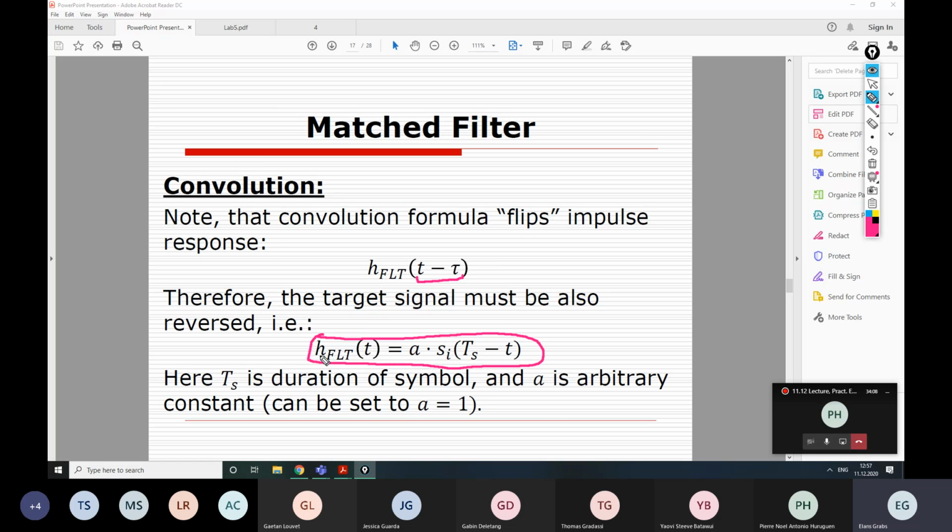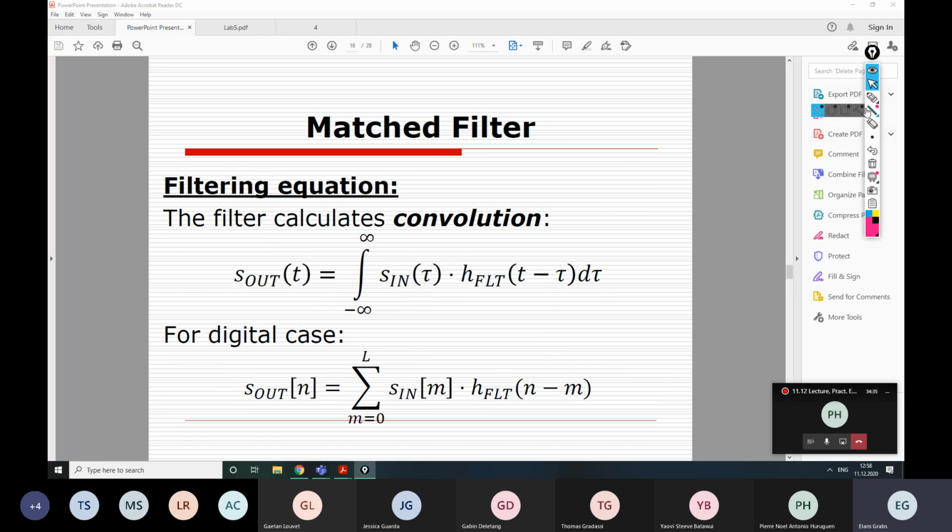So yet again, you can see here that the impulse response for some pattern which we desire to find must be actually the very same pattern signal, only reversed in time, meaning that it also must be mirrored. So then we will have double mirroring. The first time we mirror the signal and create the impulse response, and the second time we mirror this impulse response during the calculation of the convolution.